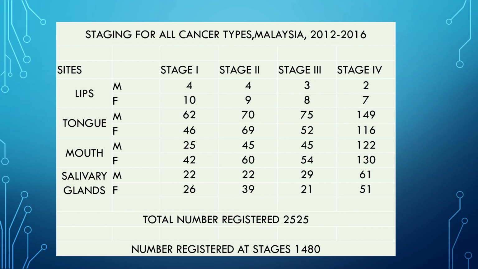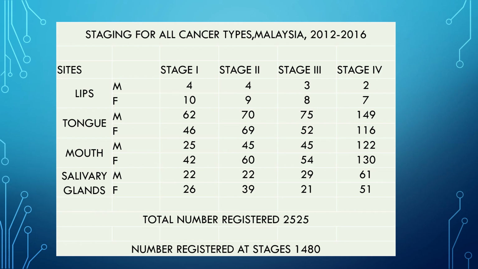Stage 3, 45 cases. But stage 4, about 122 cases. For females, stage 1 is about 42 cases. Stage 2, 60 cases. Stage 3, about 54 cases. And stage 4, about 130 cases.